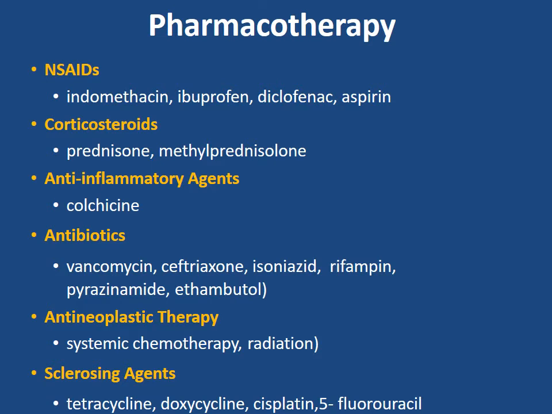In the case of tuberculous pericardial effusion, we will offer ATT. Anti-neoplastic therapy like systemic chemotherapy and radiation is offered according to the cause of the pericardial effusion. In the case of recurrent pericardial effusion, we can offer a sclerosing agent like tetracycline, doxycycline, cisplatin and 5-fluorouracil.